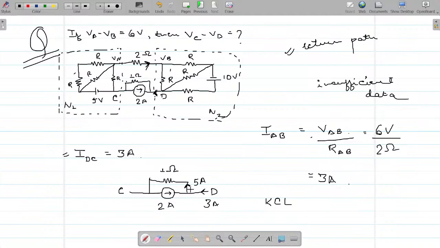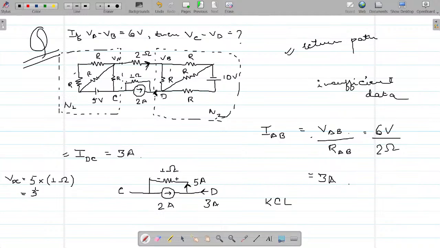Right? If this is 5 amperes, tell me what will be the polarity here? What did we learn? In the direction of current, we see a positive in, right? So this should be like this. So can I say VDC is equal to what is the current flowing? 5 into 1 ohm.